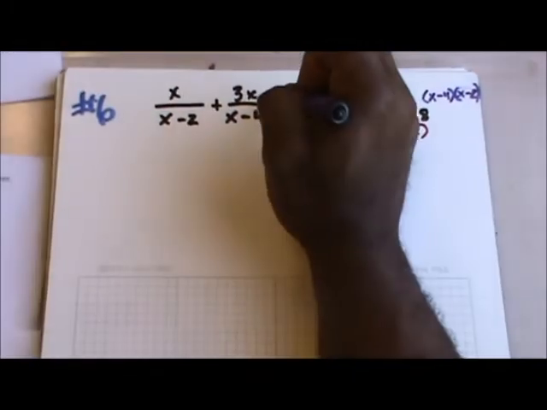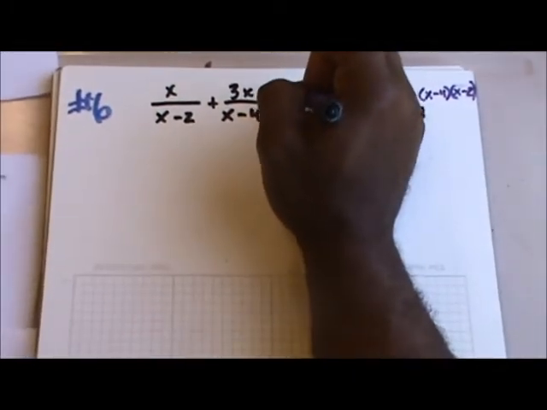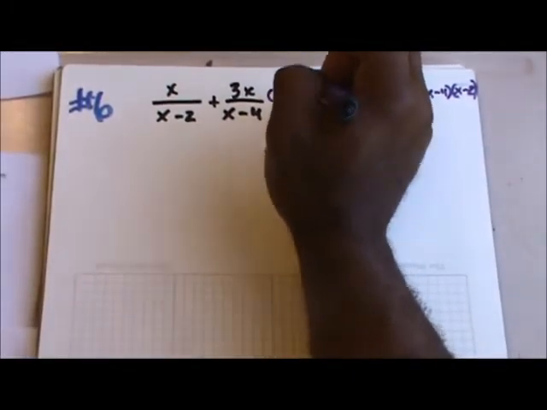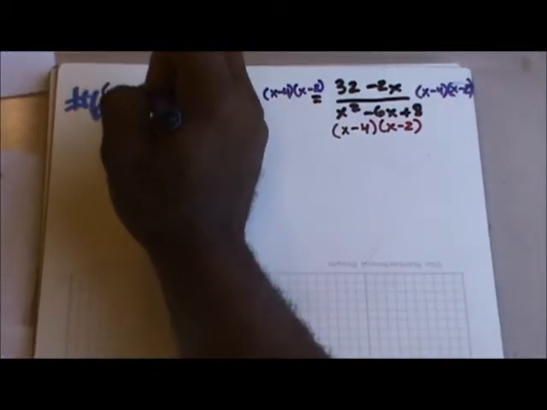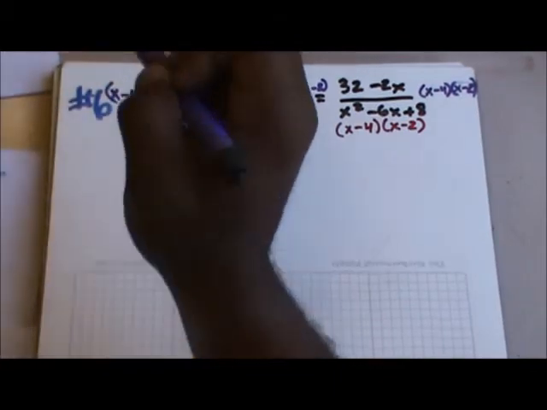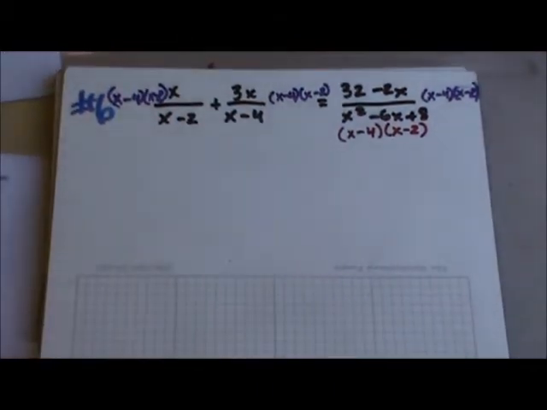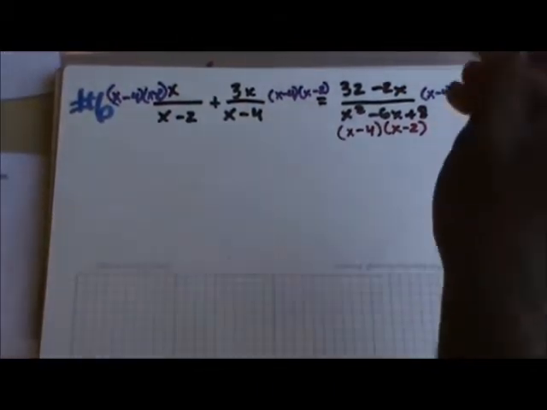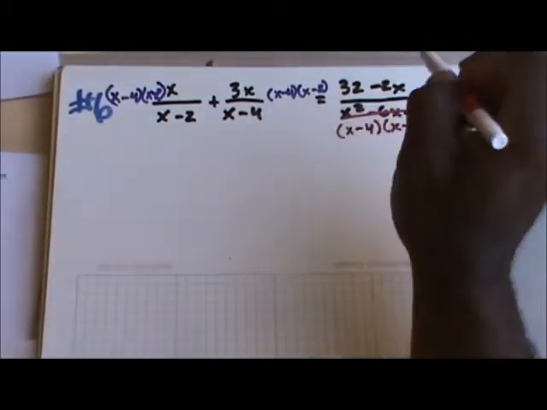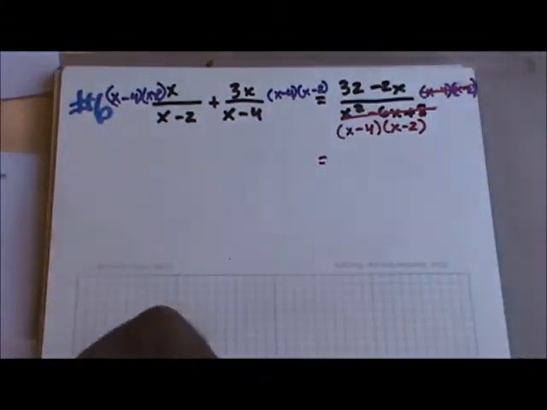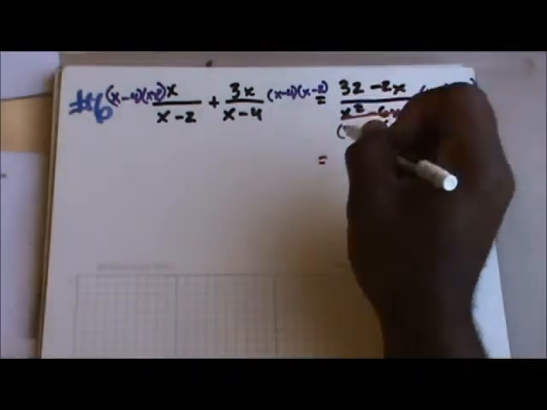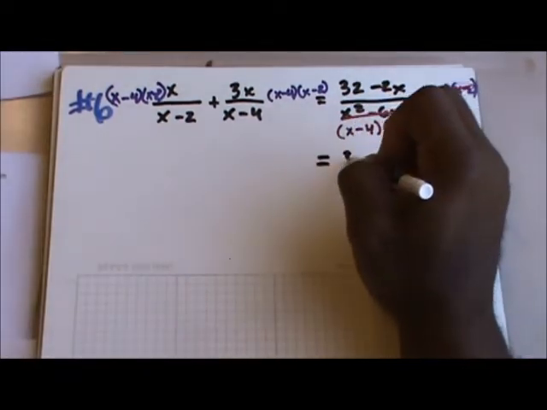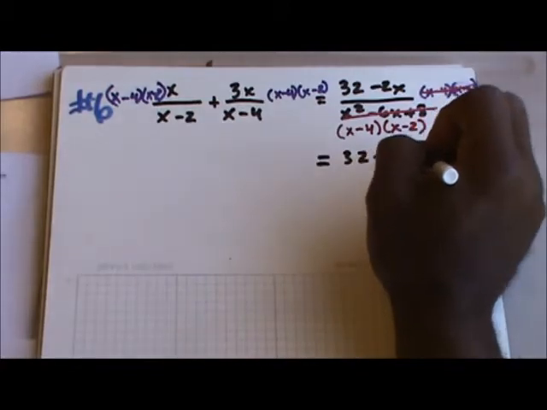All right, x minus 4, x minus 2, and again. Now from here we want to cancel. Everything cancels on that left side. We are left with 32 minus 2x.